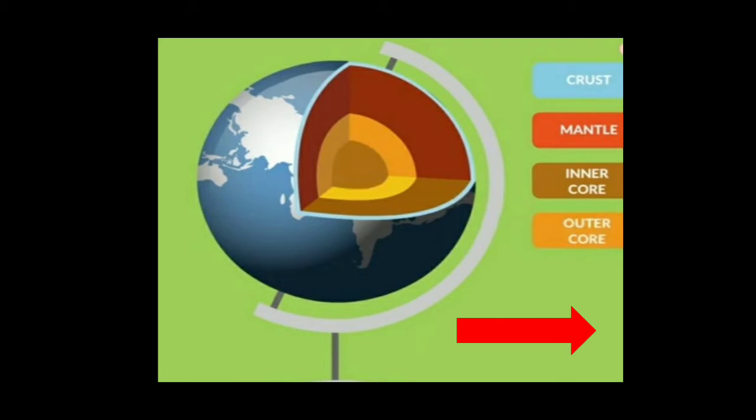The plates act like a hard and rigid shell compared to Earth's mantle. The lithosphere includes the crust and the outer part of the mantle. So the tectonic plate movement is actually based on the mantle. We are going to discuss this now.